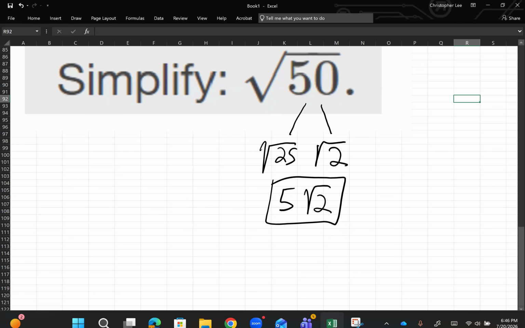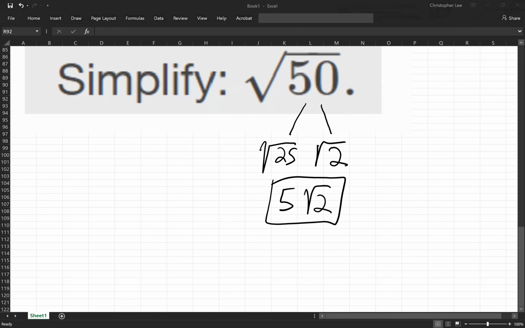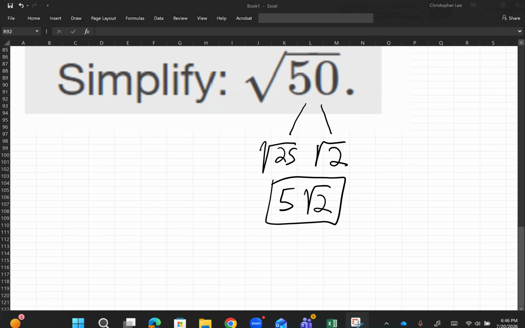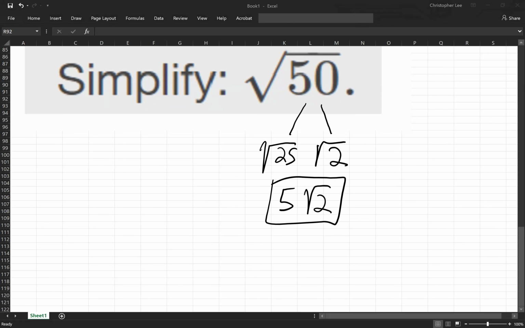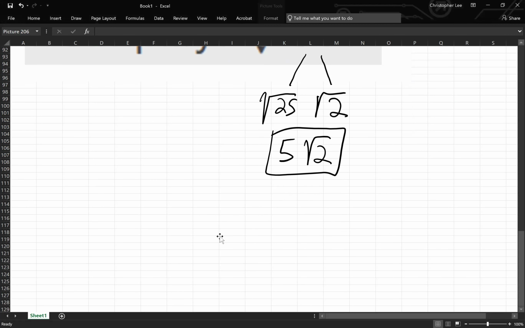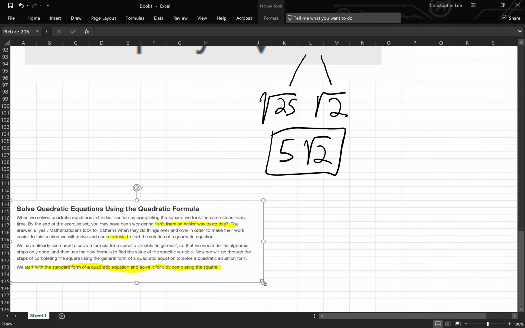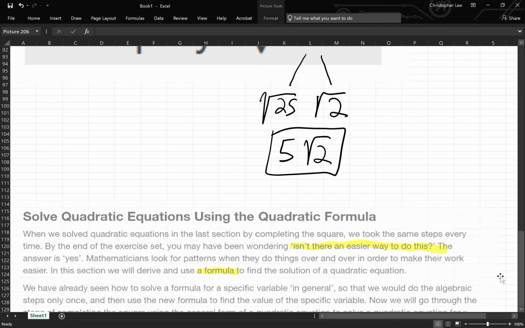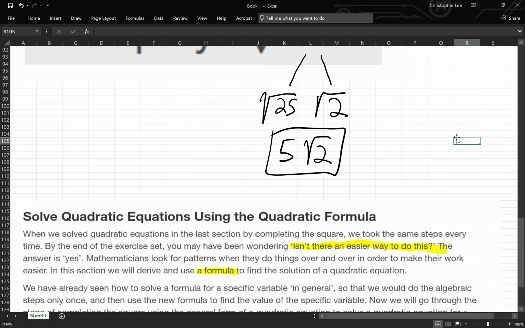All right. Let's check out what we're going to talk about today. So we are going to solve quadratic equations using the quadratic formula.